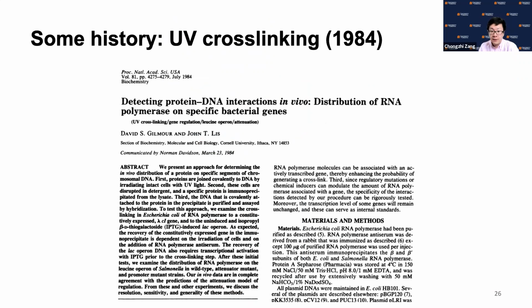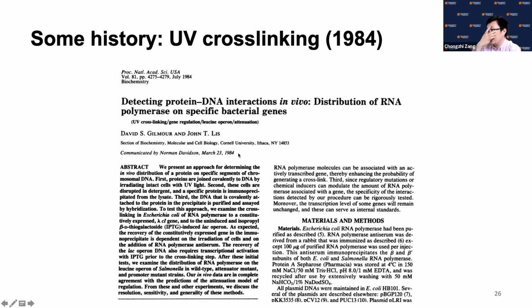So now let's review some history about the development of these important biochemical technologies. The first cross-linking experiment was done in 1984, 37 years ago, by Professor John Lis from Cornell University.